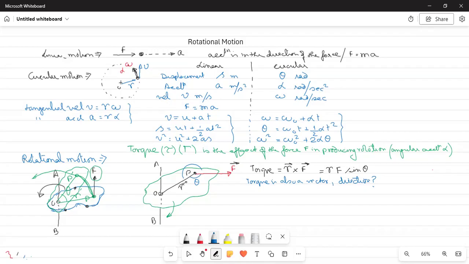Revise a little bit of your vector cross product lesson so that you can recollect it for the purpose of solving numerical problems. And there is another easier way of doing it.